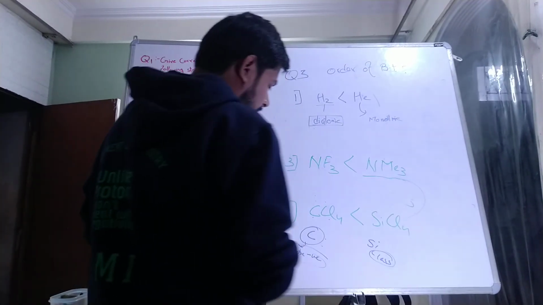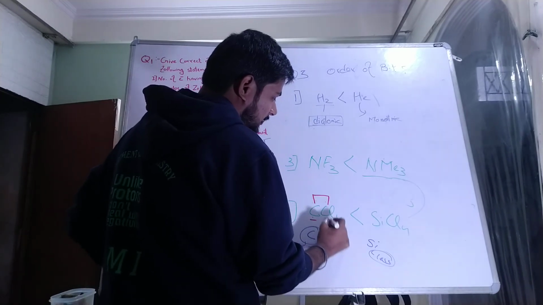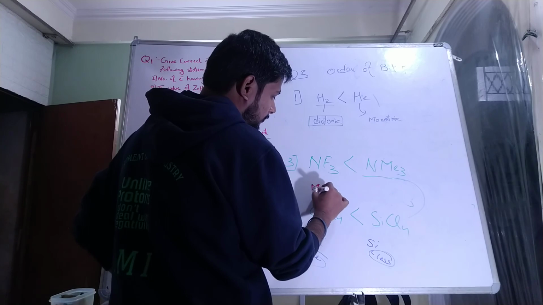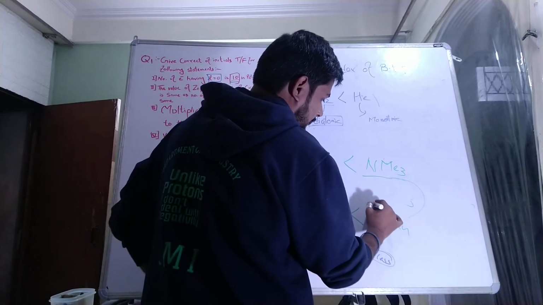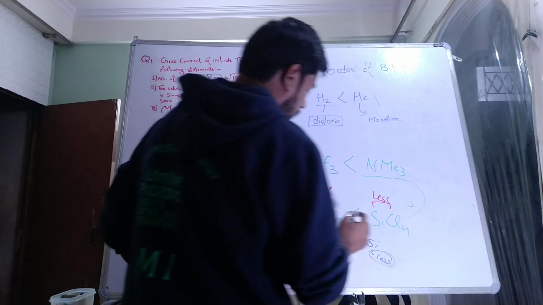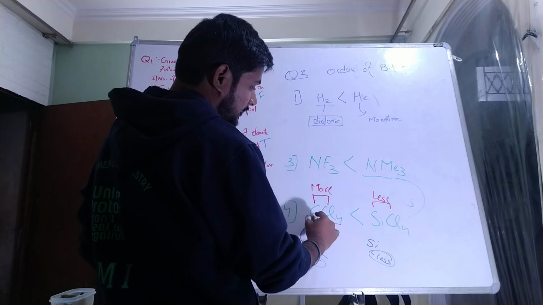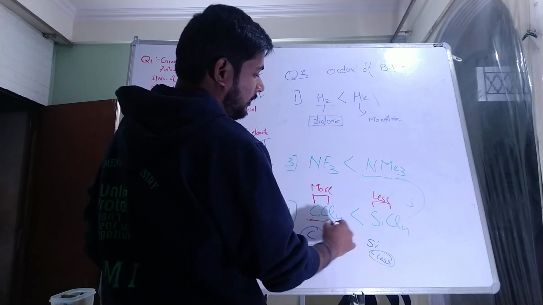The difference in electronegativity between carbon and Cl is more, and between Si and Cl will be less. So from here we can say that CCl4 will have a higher boiling point than SiCl4.